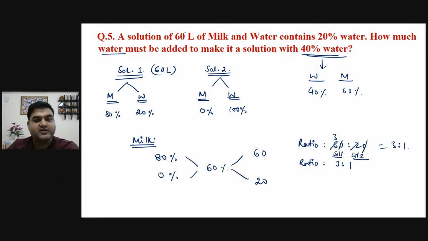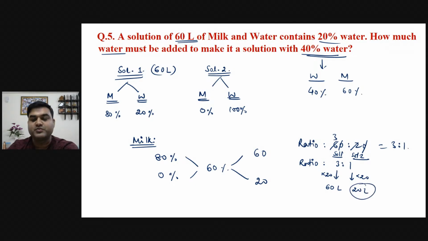Now what they have given is 60 liters of milk and water. So this value they have already given as 60 liters. The 3 becomes 60 by multiplying by 20, so this also has to be multiplied by 20, and you get the answer as 20 liters.